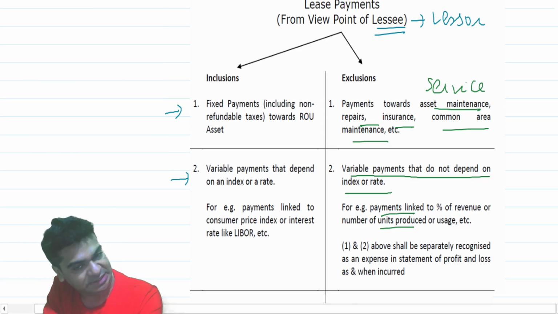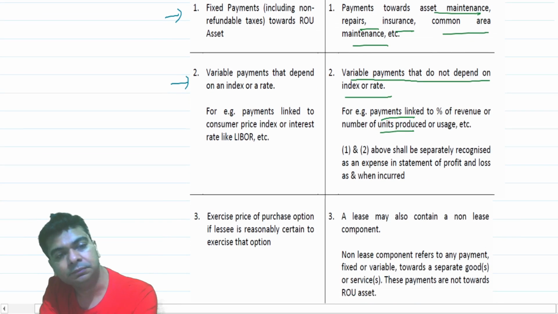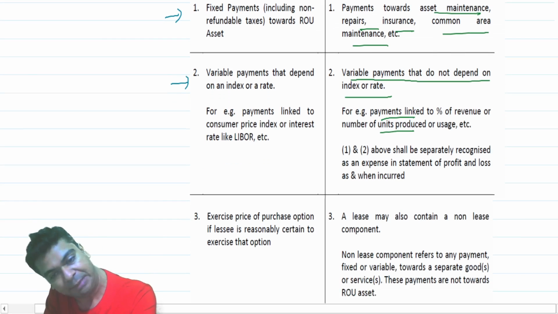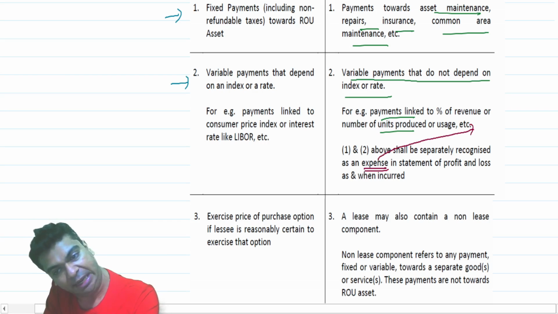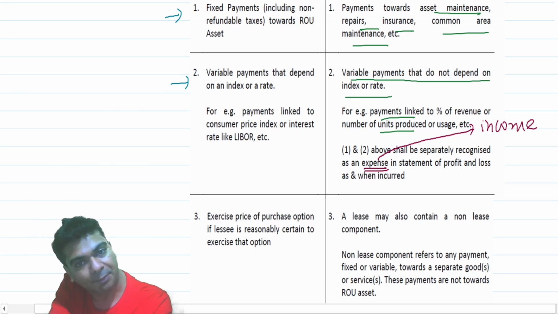And then they are saying over here, 1 and 2 above shall be separately recognized as an expense. This note was from the viewpoint of the lessee. So we were saying it will be recognized as an expense. If any portion of this is received, the lessor will recognize it as an income.